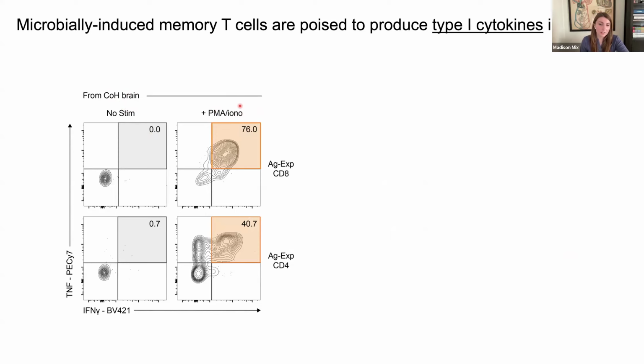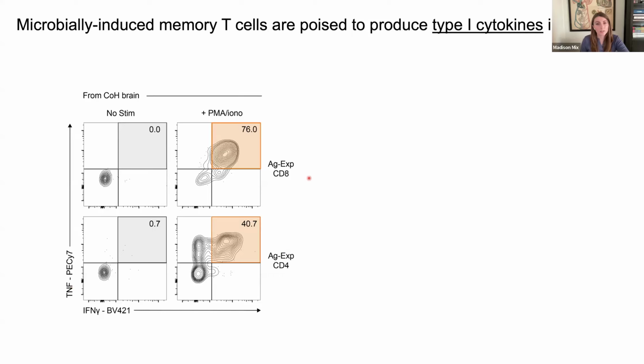And what we had previously done is look at, at least among our CD4s, how they were skewing in terms of Th1, Th2, Th17. And what we saw was a really strong type 1 profile. And so we selected these particular cytokines to stain for: interferon gamma, TNF, classic type 1 cytokines.